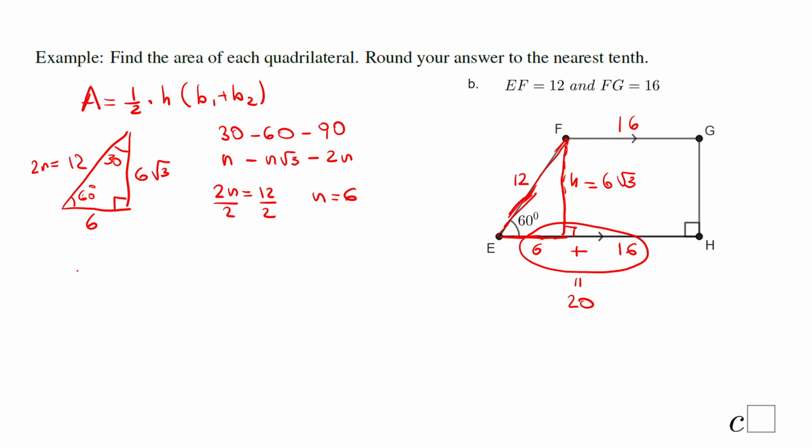We're going to go back to the formula and plug them in. So we have 1 over 2 times the height, 6 square root of 3, and the base is, like I said, 16, the one that was given, and the other one we were able to find is 22 in fact, right? Because 6 plus 16 is 22.